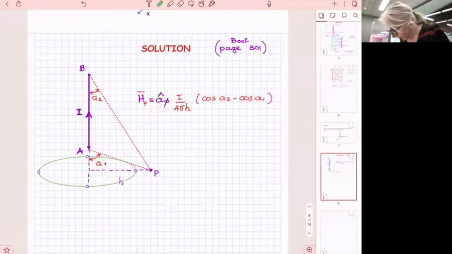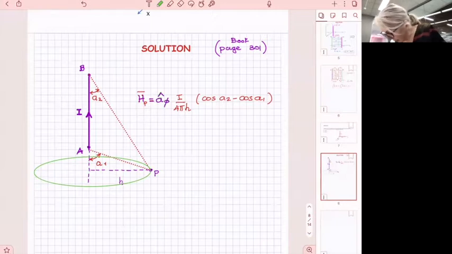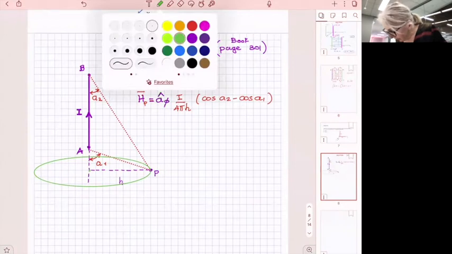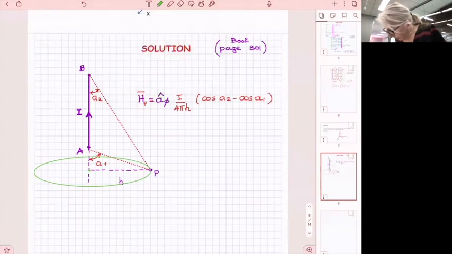So if this is a cylindrical coordinate system and that's the center of it, then the magnetic field at that point goes along the phi direction. That's what it means. That's the phi direction. And this one is here, H. All right, and that's the current times over 4 pi H. And then there are these two angles that you see, which are very important.